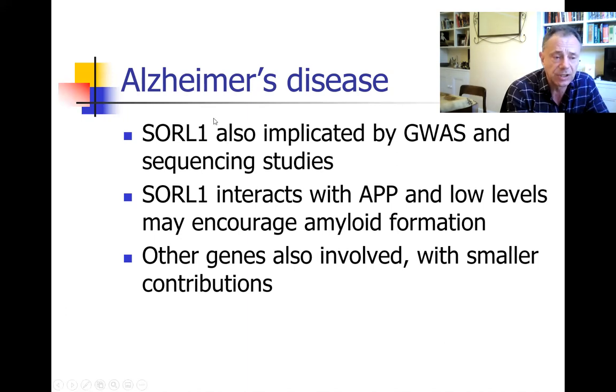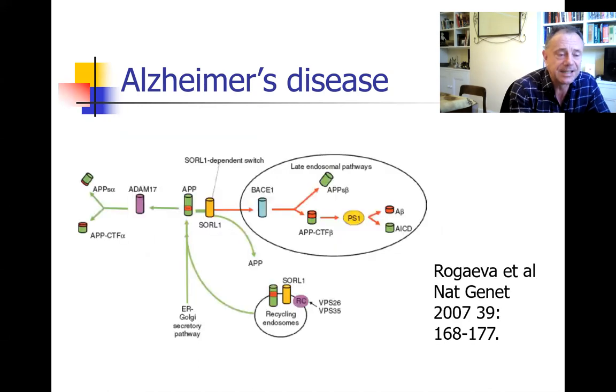So one of the interesting genes was this one, SORL1, sortilin related protein 1, which again is related to the processing of APP. So here's a more sophisticated diagram of the processing of APP, which shows you where some of these important enzymes come in.